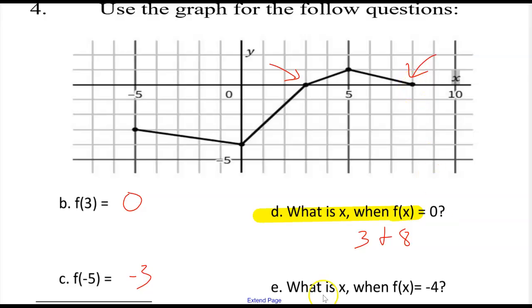Okay, and what is x when f of x is -4? So they're saying when y is -4, what is x? Alright, so y is -4 right here. What is x right there? 0. X is 0 right there.